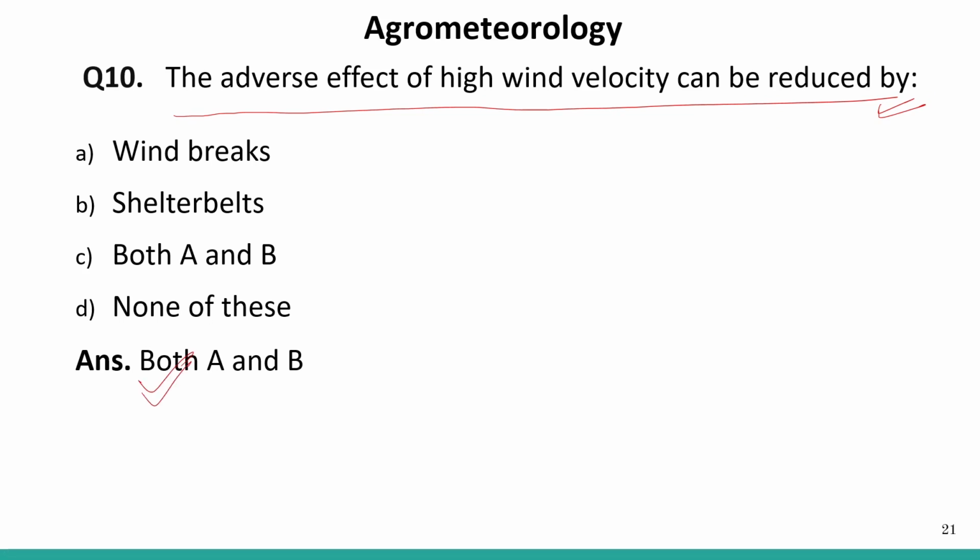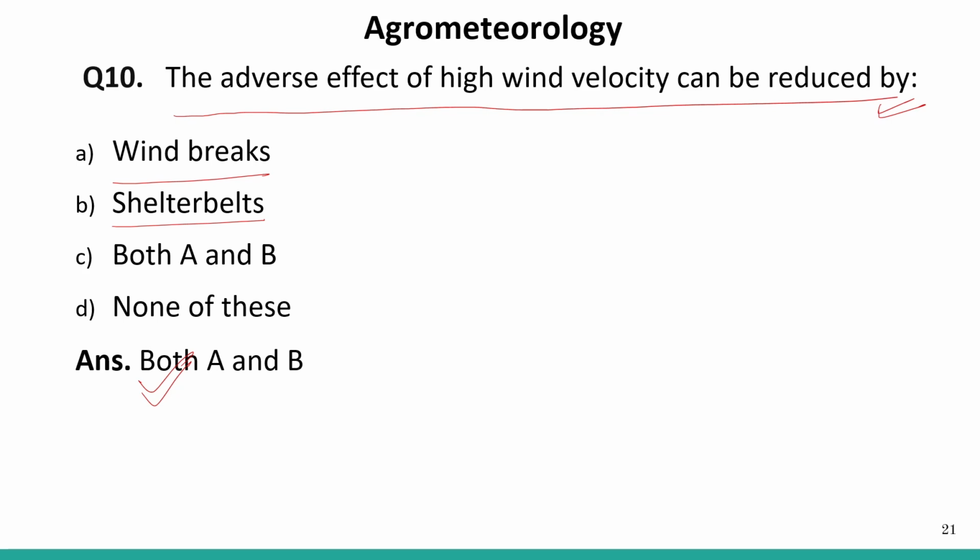So these are the two things, that is the windbreaks and the shelter belts. Actually, they are both the same, but the layers of sedges or the shrubs which we are growing all around the crop field, that varies, right?